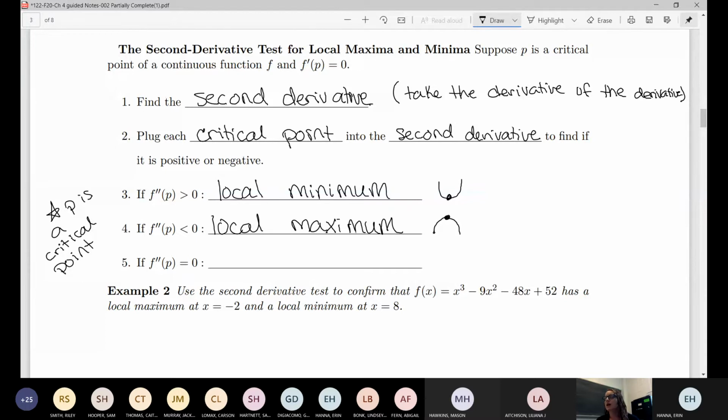Now, this last piece is kind of why the second derivative isn't as recommended as the first derivative test, because if you plug in that critical point and you get 0, the test is inconclusive. And then you have to use the first derivative test anyway.